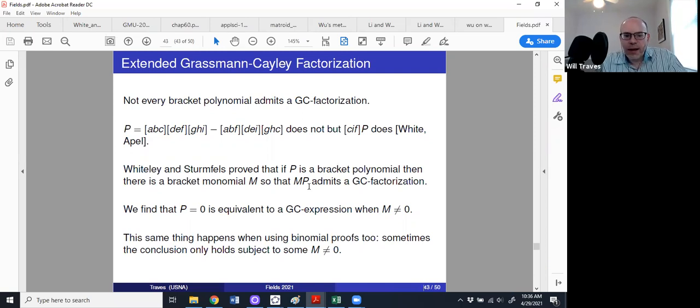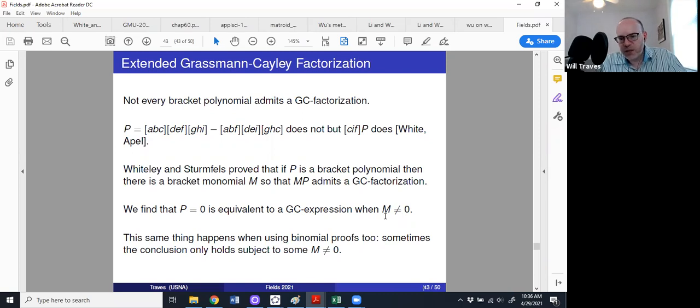Okay, and the way I'd interpret that is saying that the bracket condition that the bracket polynomial P vanishes is equivalent to a Grassmann-Cayley expression under the side condition that says that M is not 0, right?